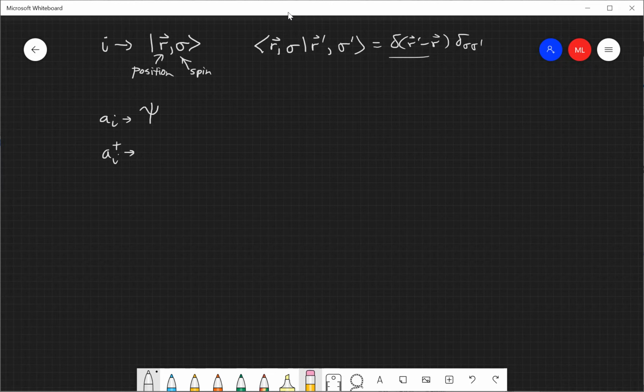And we introduce capital psi here to do that. This one annihilates a particle at location R and spin state sigma. And this guy creates a particle in spin state sigma at position R. And we actually also know how these are related to the momentum basis, right?